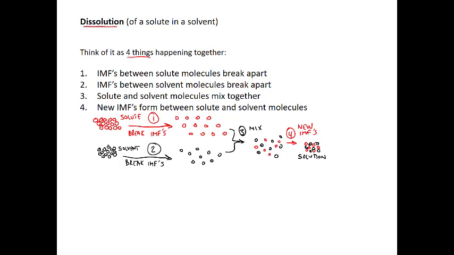Now, obviously, not everything is going to be soluble in everything. Not every solute will dissolve in every solvent. So we say that a solute is soluble in a solvent if the sum of these four processes is, I'm going to put this term in quotes because we're going to be using it a lot in this course, favorable.